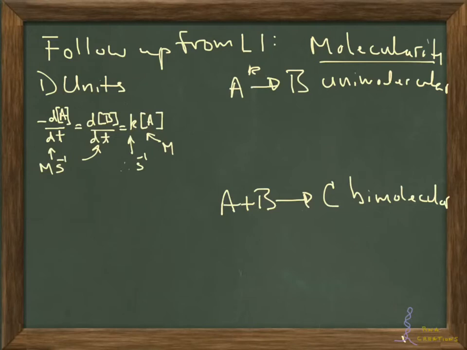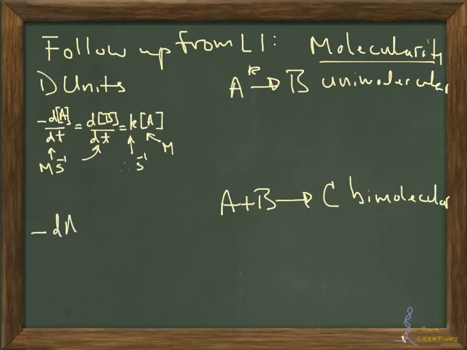What's the likelihood of trimolecular really happening? Not very likely, because things have to collide to react. And so 2-body collisions are likely, 3-body are unlikely. So it's pretty rare, and often when you write it down, it's really because it's made up of some steps that are bimolecular. So I'm just going to stop here, but we can write down the rate for this, right?